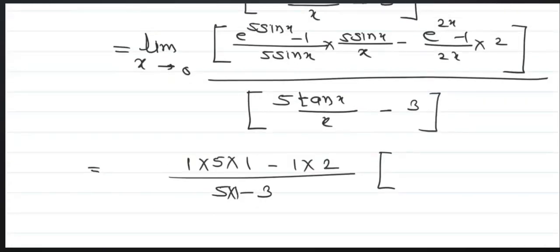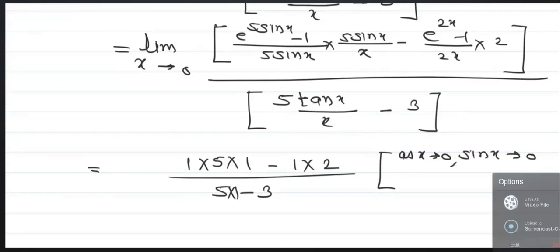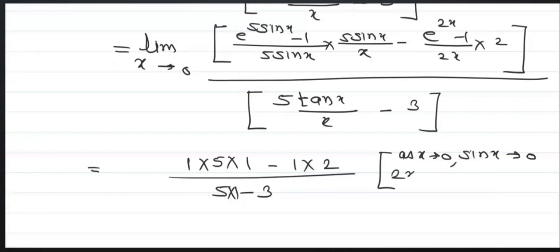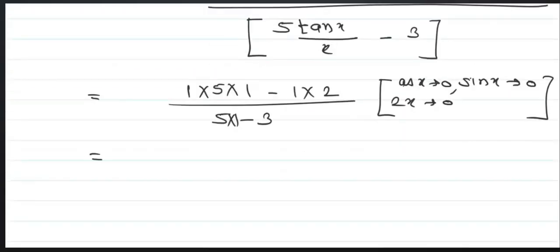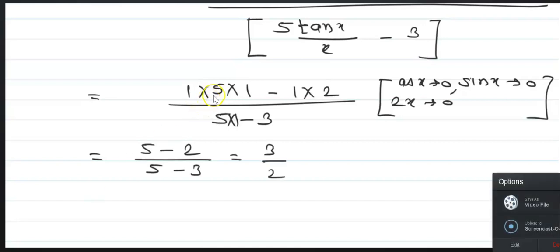Now see this here. फक्त एवढं लिहिलं तरी चालेल. As x tends to 0, sin x tends to 0, 2x tends to 0. That is this result we apply here. Now it is here 5 into 1 is 5, 1 into 2 is 2, upon 5 minus 3. That is you will get 3 upon 2.